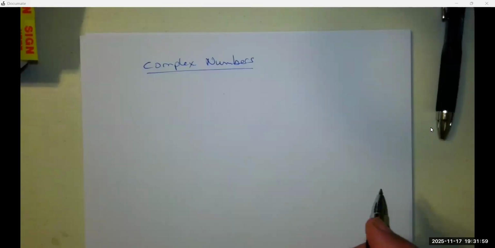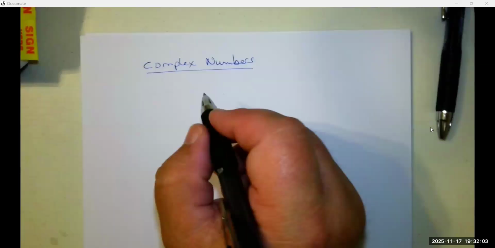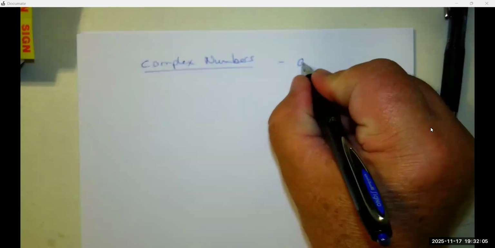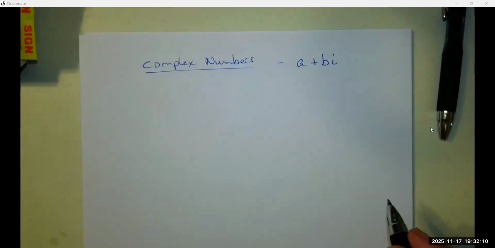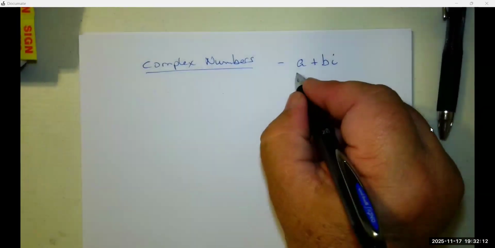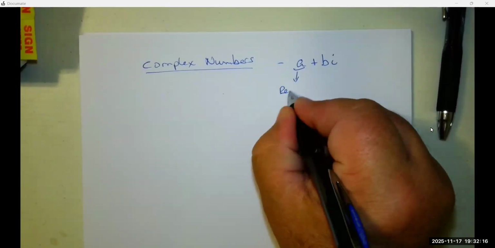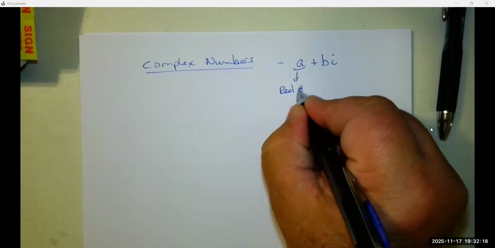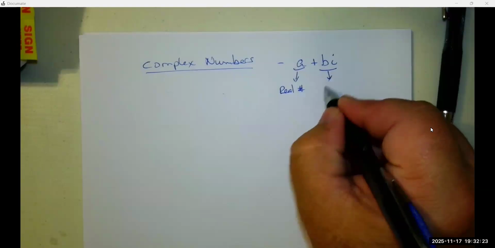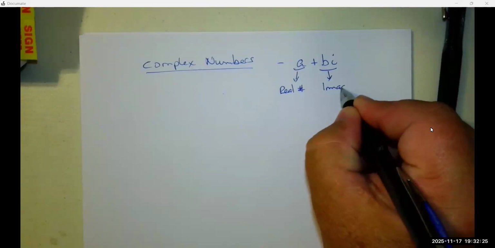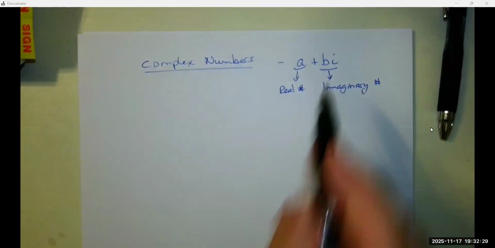They're called complex because it's not just a regular number. A complex number has this form, a plus bi, where a is a real number and bi represents the imaginary number because it has an i in the back of it.